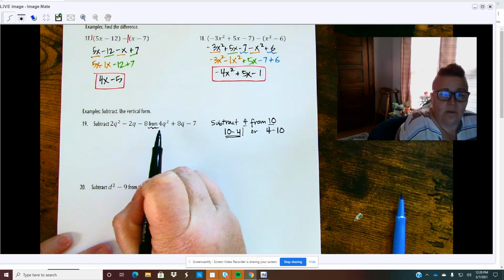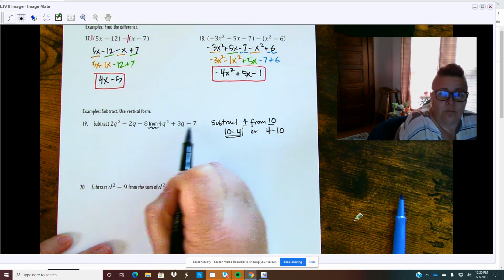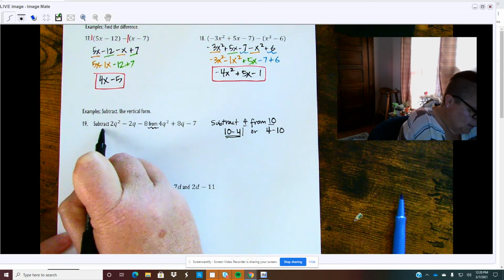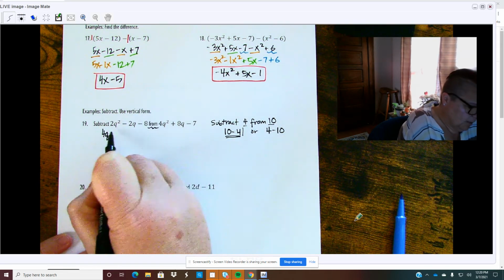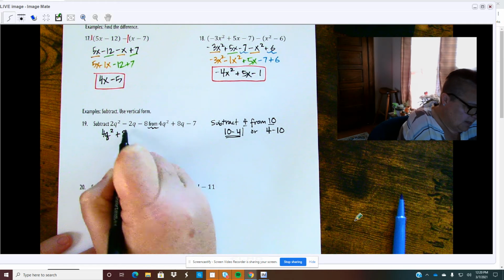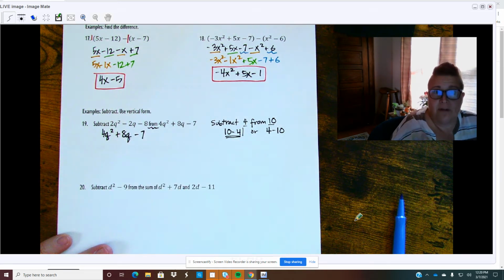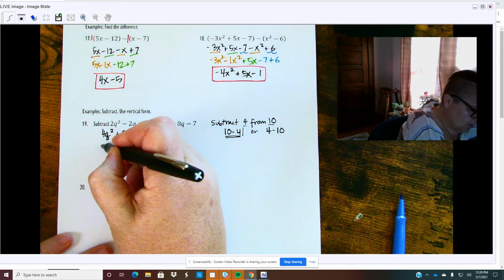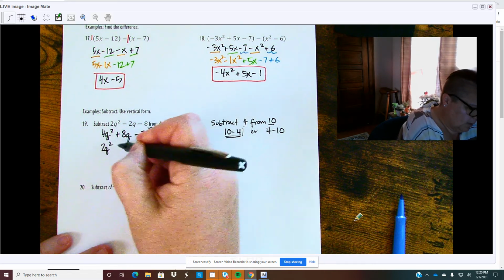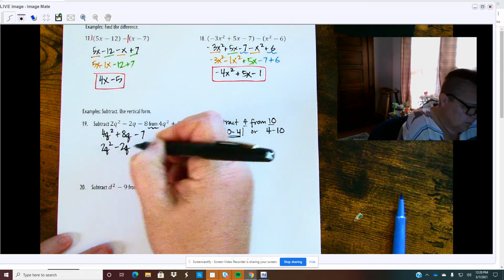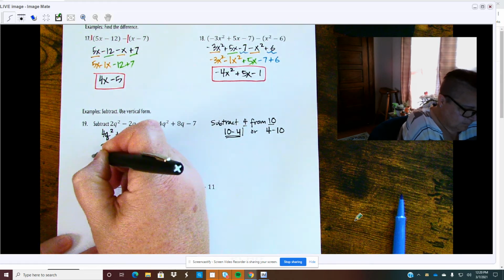All right. So what that means is when you see the word from, we're going to write this first. We're going to write down the 4q squared plus 8q minus 7. And then from that, we are going to subtract the 2q squared minus 2q minus 8.